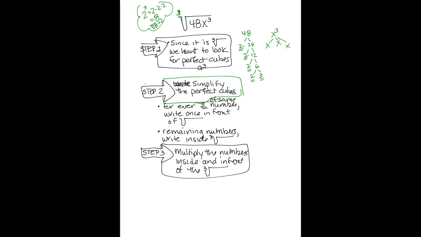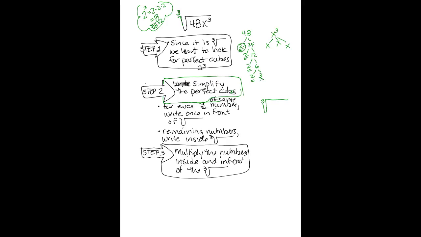So what we want to do, same like we did before, is write our cube root radical there, and then look at our factor tree. When we're doing square root, we look for every 2 of a number and write it out front of the root sign. Since we're doing a cube root, power of 3, we want to look for every 3 of a number, pull it out, and write it once out in front.